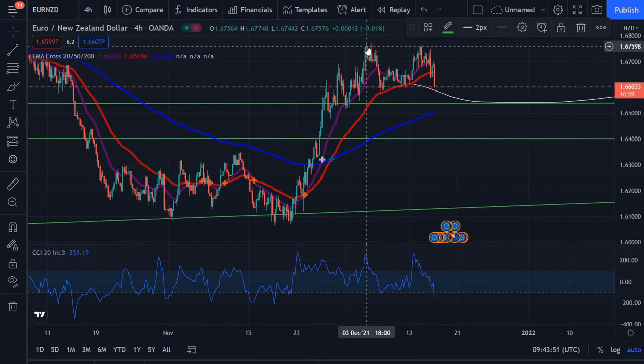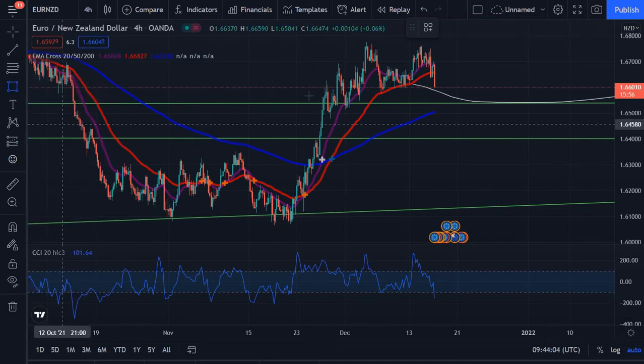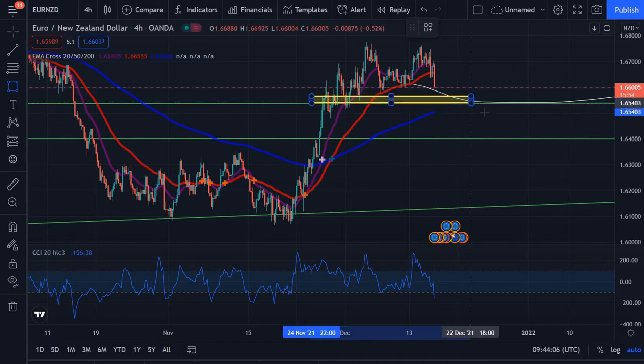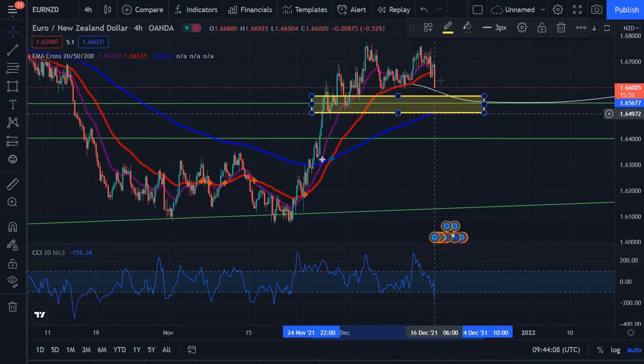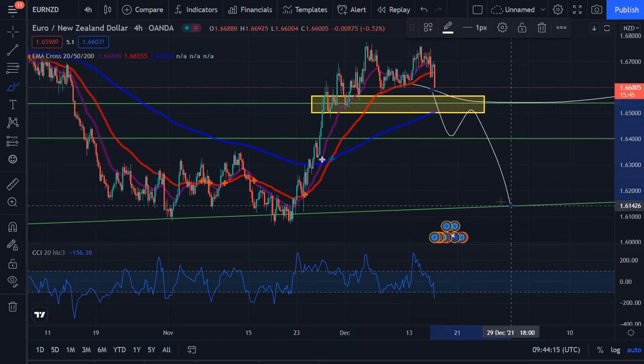For our chart, here kind of a double top, now pushing lower. If we break this zone here around here with probably the 200 EMA with a pretty bearish momentum, then I would look here for a retest and short the market to this zone here.